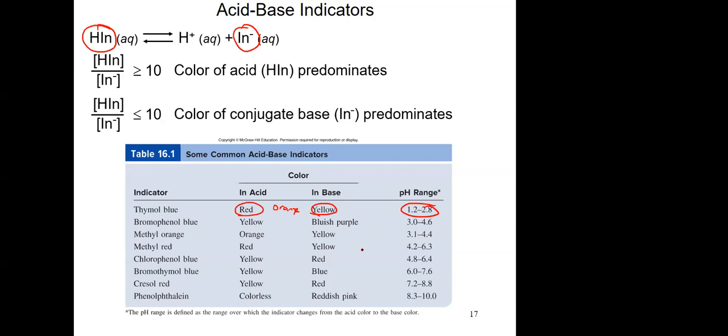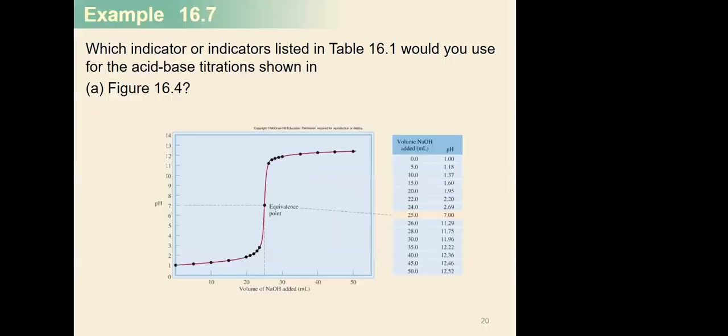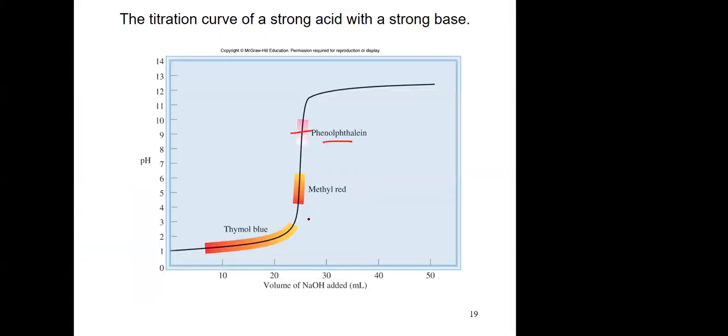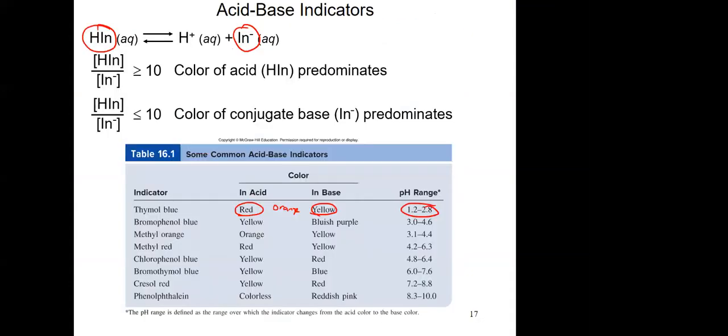Okay, so have you chosen now? What do we use here? pH 7. So we look at about here. Which ones have the transition at pH 7? I would say these two, right?